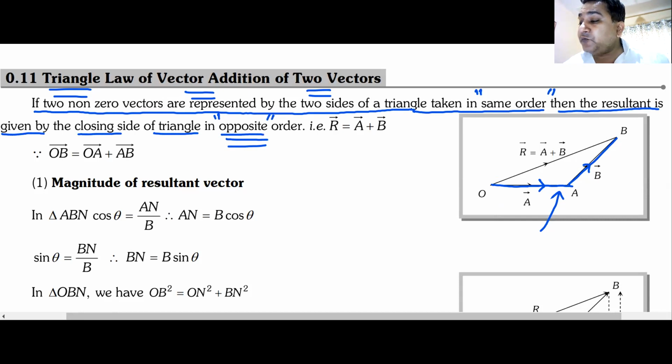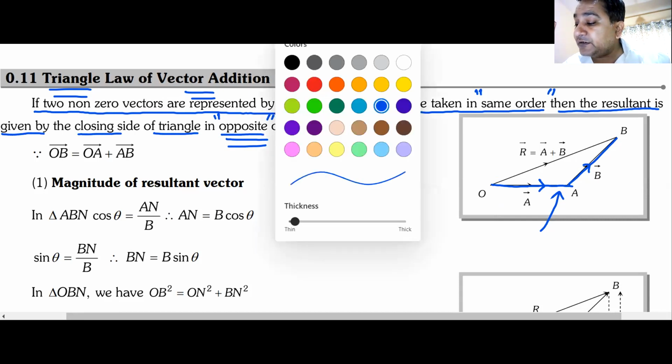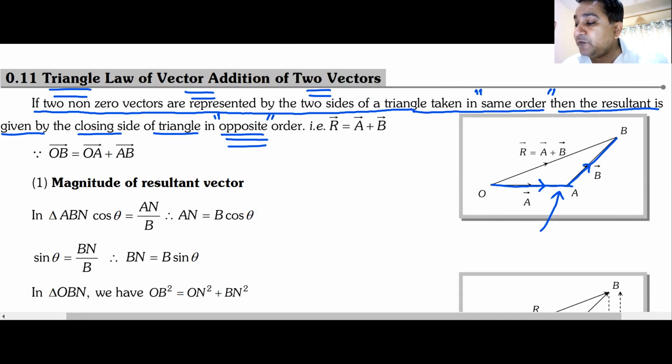What would opposite order mean here? If I would have gone from B to O, the red one, that would be in the same order. O to A to B to O, that would be the same order. OA, AB, BO, that would be the same order.